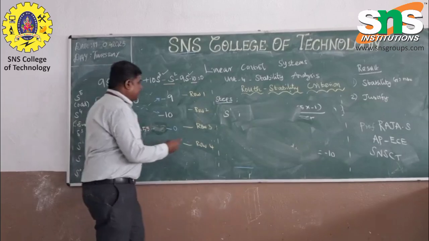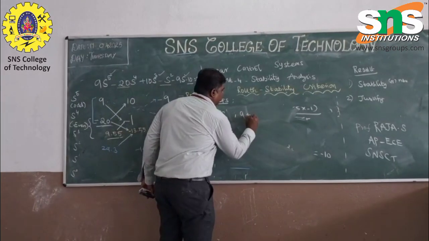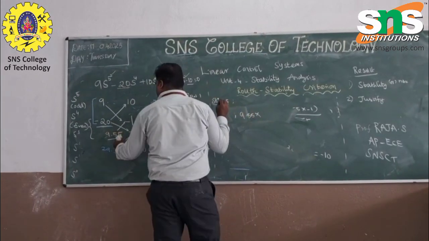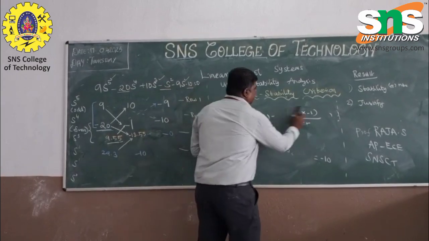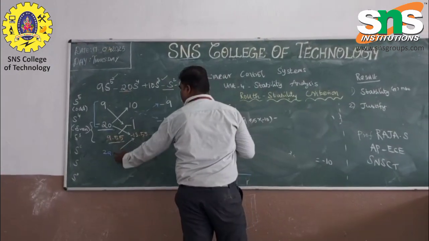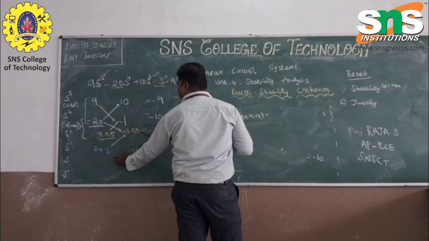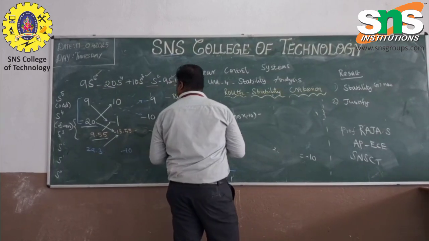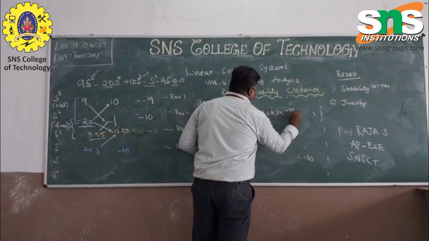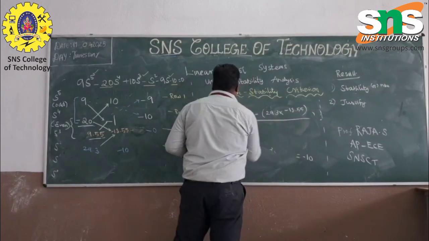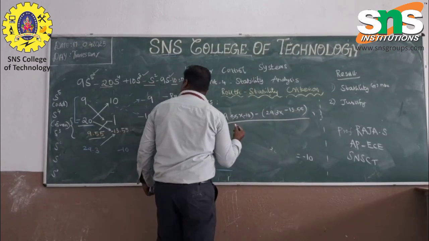So again I am coming to s power 1, 9.55 into minus 10 minus of, here down into top is completed. Now 29.33 into minus 13.55, the whole divided by the first term 29.3.